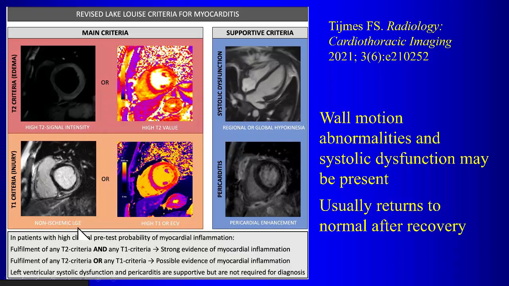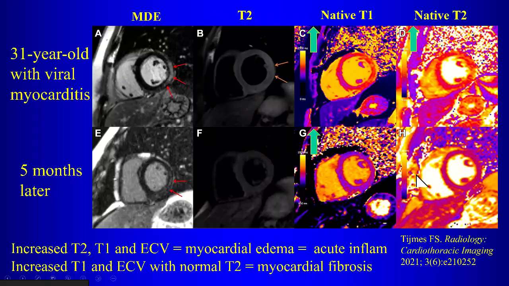And then on myocardial delayed enhancement, your T1 criteria, you have abnormal myocardial enhancement in a non-ischemic distribution. So that's what you look for. Or you might have elevated T1 times if you're doing T1 mapping. Those are the findings that we look for.